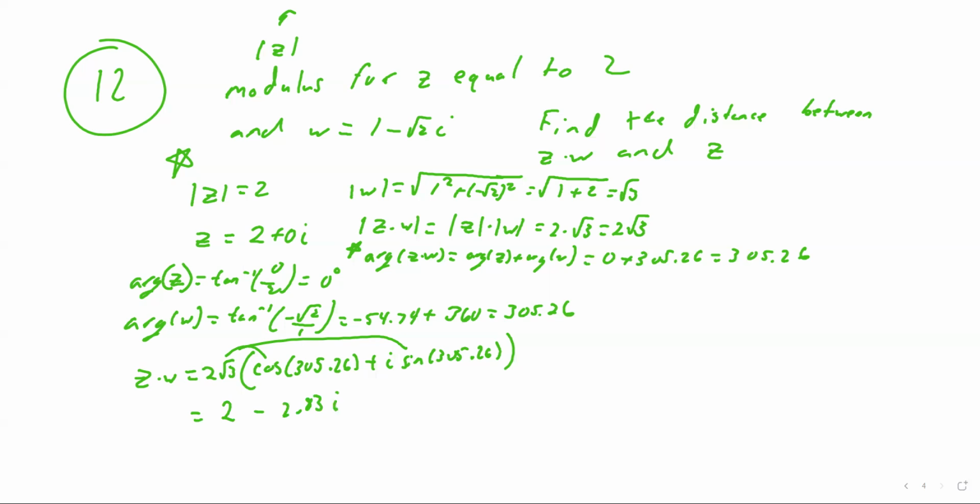I just went to 2. So in the calculator, type in 2 square root of 3 times cosine of 305.26 in degree mode. Make sure you're in degree and not radian. And then you would do 2 square root of 3 times sine of 305.26 to get the second number.